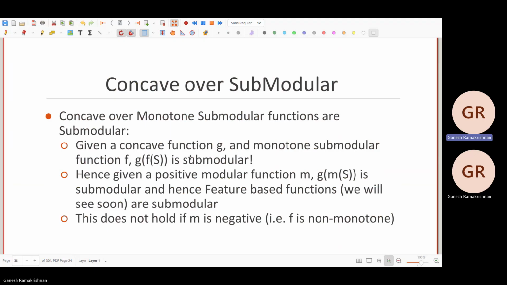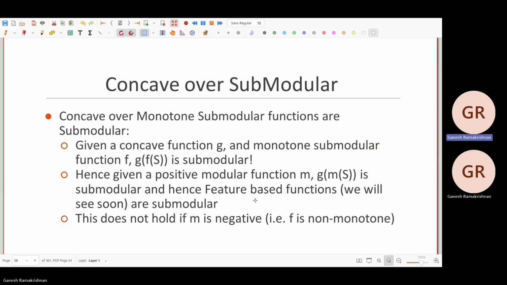So square root of a modular function, you can verify that it's going to be submodular. So in general, concave over monotone submodular functions are submodular, and in fact, specifically given a positive modular function M, a concave function G applied to M of S is submodular.